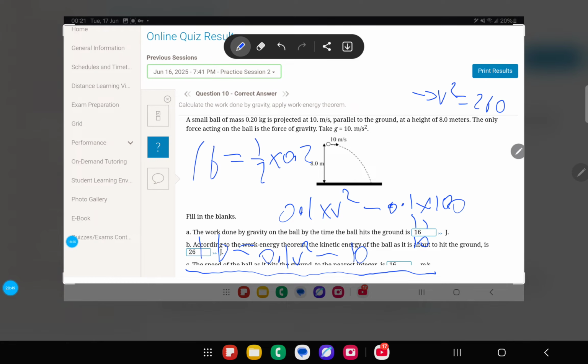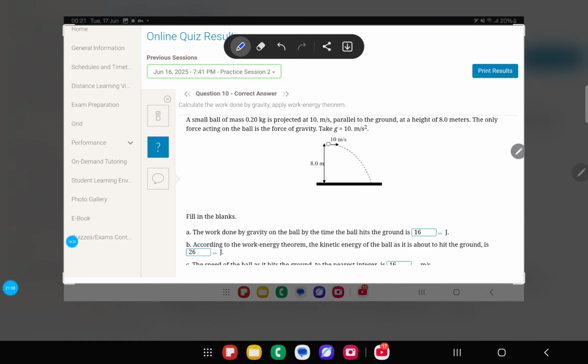Since we got 260, we take the square root of both sides because we want the value of v. So v equals radical 260, which is 16.12, but we just put it at the integer, 16. So the final velocity is 16. Now that we found the final velocity, the answer of C, let's find B, final kinetic energy.